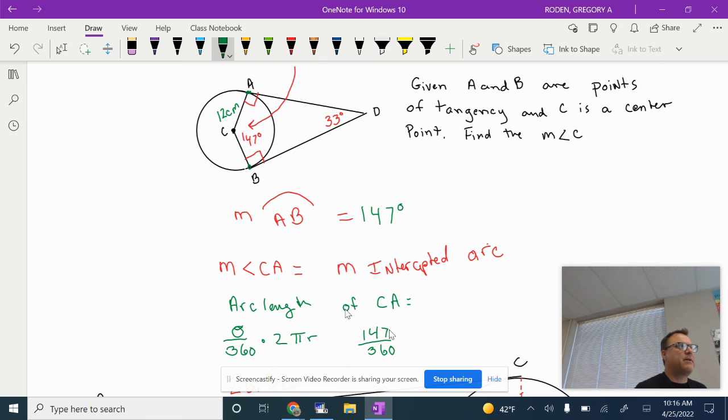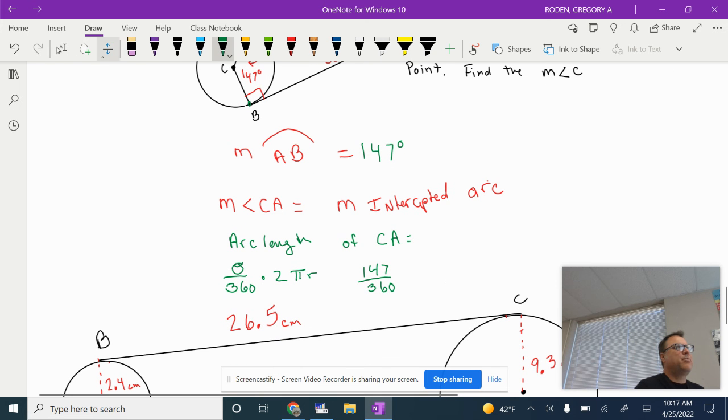Caitlin, you have your calculator out there. Can you help me? What's 147 divided by 360? 0.4083. Okay, so now multiply that number by 2. 0.816. Now multiply that number by 12. What is it? 9.8.